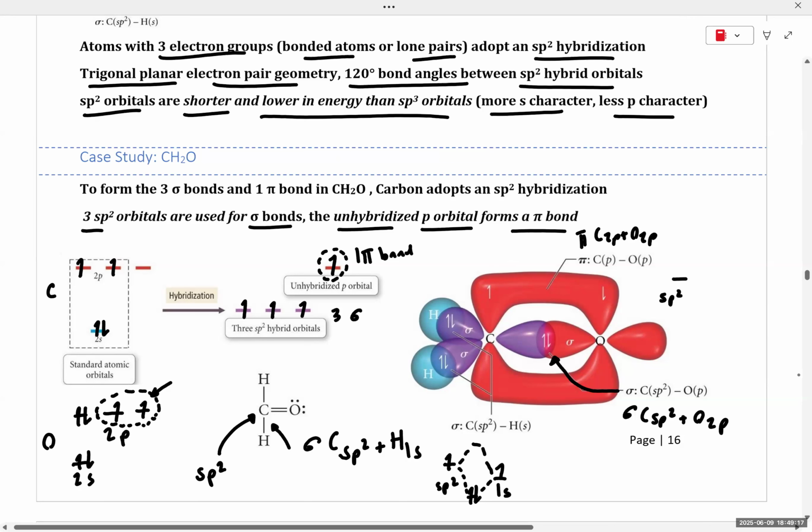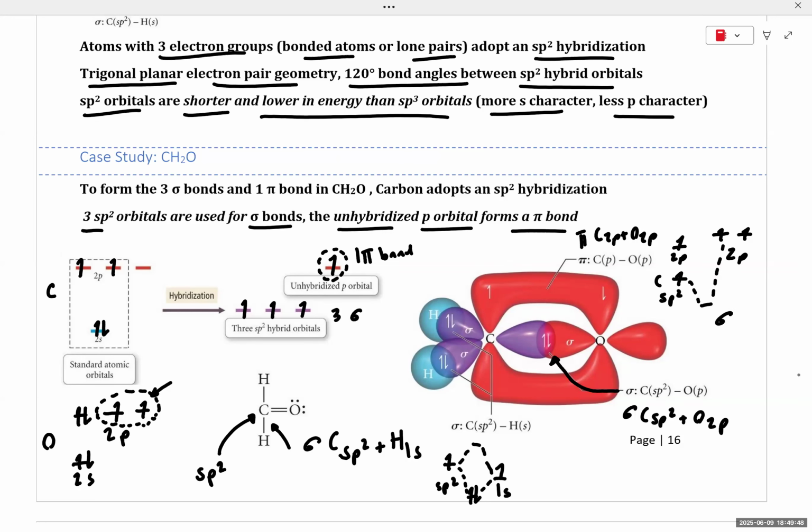So we have the sp2 orbital for carbon. We have the 2p orbitals for oxygen. And let me draw these a little higher. And we have the 2p orbital for carbon. The first orbital overlap generates the sigma bond. The second orbital overlap generates the pi bond.